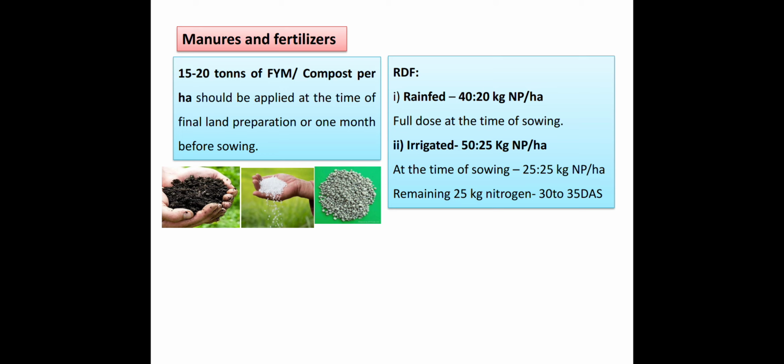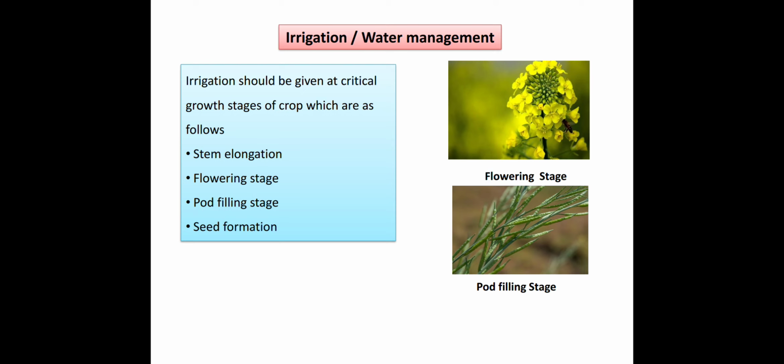Then for irrigated condition, the recommended fertilizer dose is 50 kg of nitrogen and 25 kg of phosphorus per hectare. At the time of sowing, half dose of nitrogen, that means 25 kg of nitrogen, and full dose of phosphorus, 25 kg of phosphorus, should be applied per hectare, and the remaining 25 kg of nitrogen should be applied 30 to 35 days after sowing.